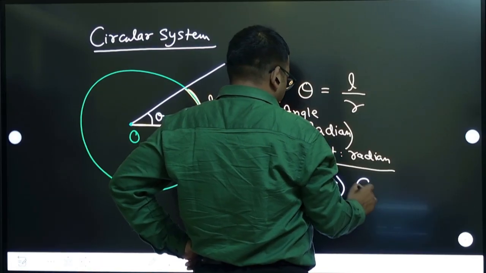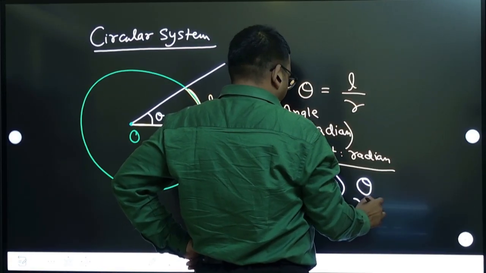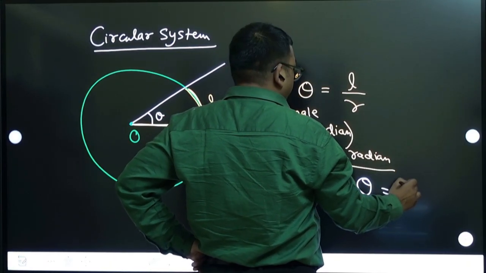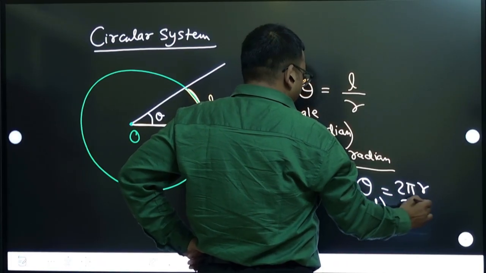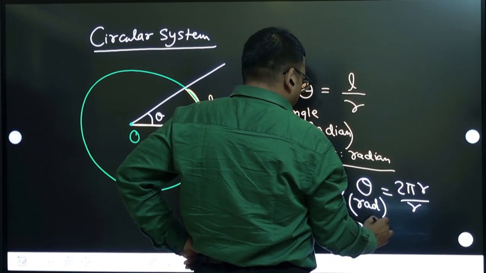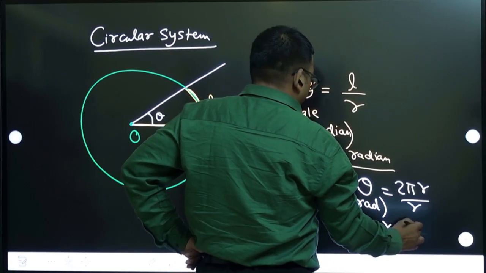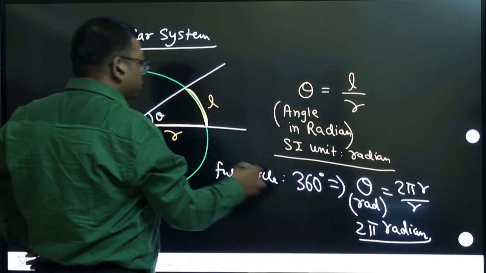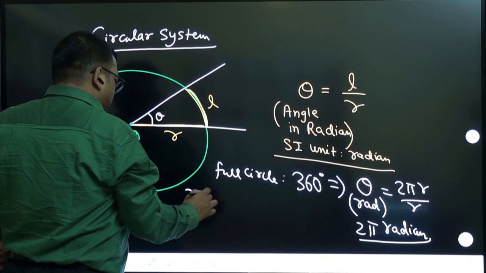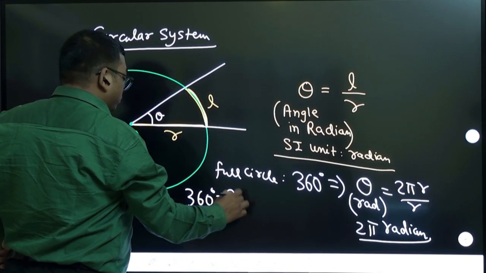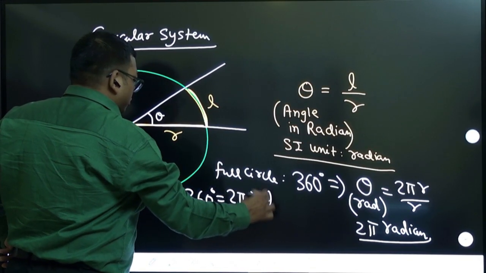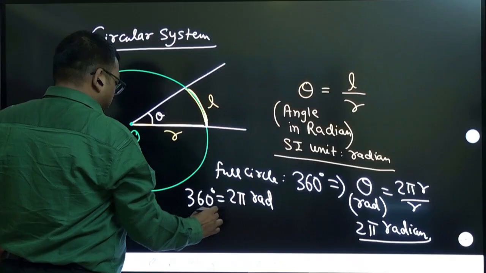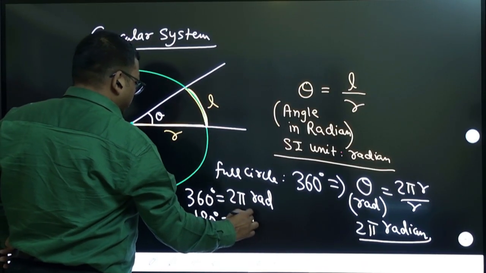Let's take theta in radian. If I take the full length, it becomes 2 pi r divided by radius. So that will give us 2 pi radian. So 360 degree is equivalent to 2 pi radian. So then we can say that 180 degree is equal to pi radian.